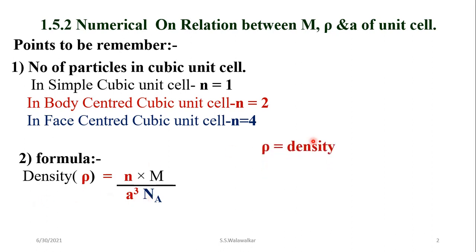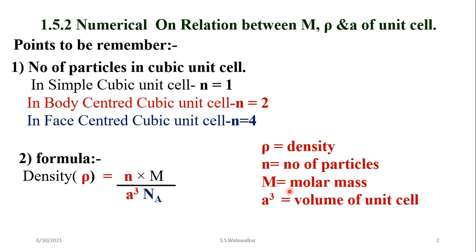Here rho means density, n means number of particles, that is in simple cubic it is equal to 1, body centered it is equal to 2 and face centered it is equal to 4. Then capital M means molar mass and a cube means volume of unit cell.